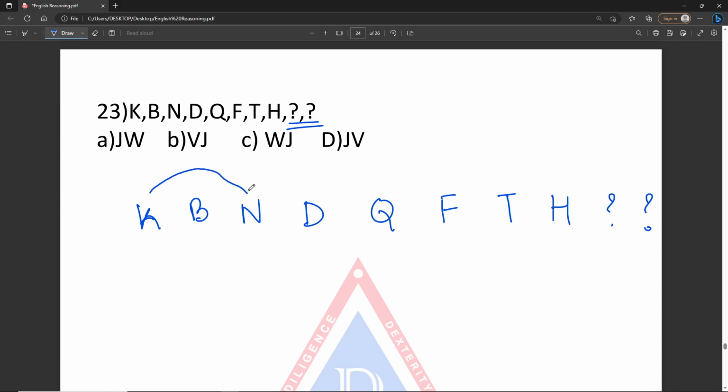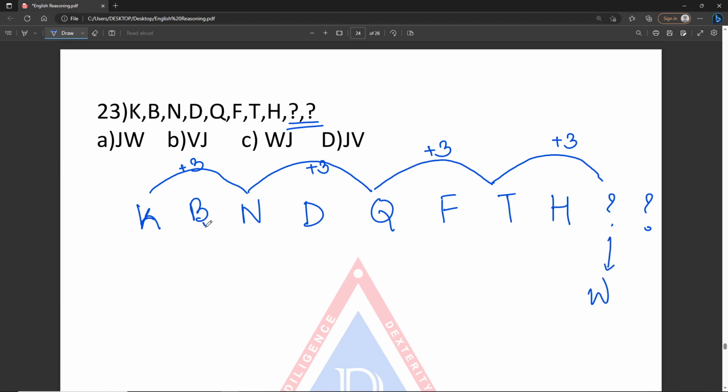K to N goes with +3. N to Q goes with again +3. Q to T goes with +3. See, alternate letters are being taken in this missing series. So T +3 should be W.